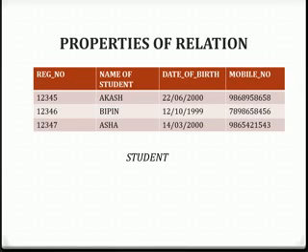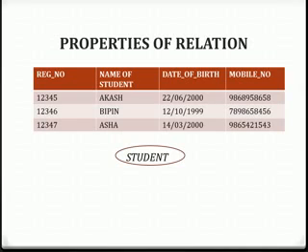Relation name is student. The first property says that the relation should have a distinct name. What do you mean by this? It means that in a database there will be n number of tables. There can be many tables.